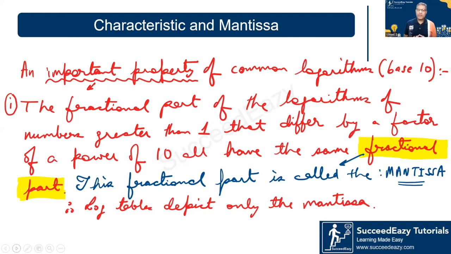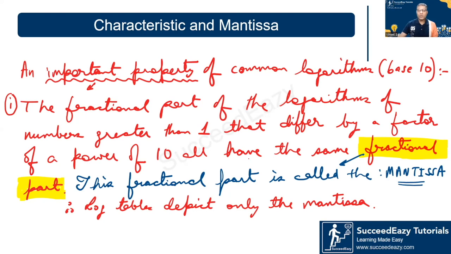Okay, so an important property of common logarithms, that is base 10 logarithms, is that the fractional part of the logarithms of numbers greater than 1 that differ by a factor of a power of 10 all have the same fractional part. Okay, this is a bit confusing, but if you focus on it and reread it a couple of times, maybe you will be able to make sense of it much better.